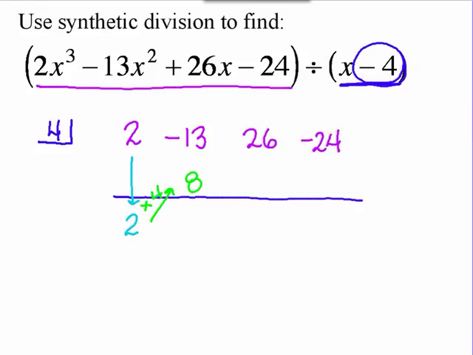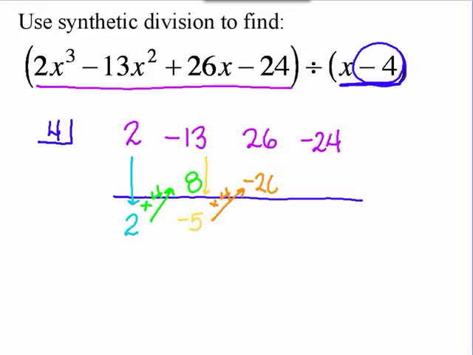Now I'm going to add the negative 13 and 8. What's negative 13 plus 8? Negative 5. Now I'm going to take that number times 4 again. What's negative 5 times 4?